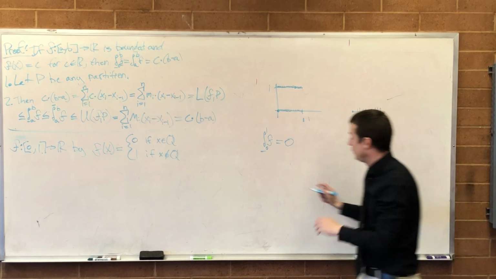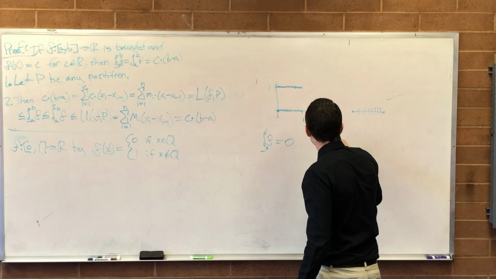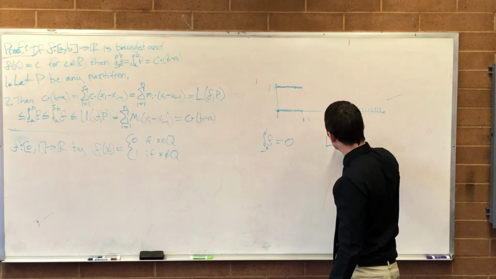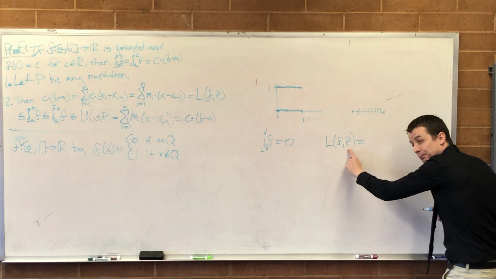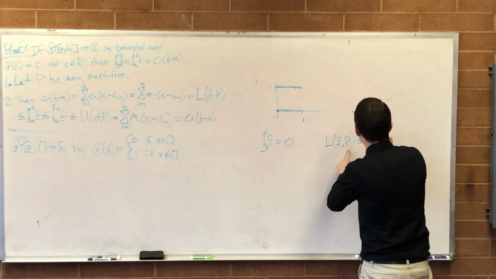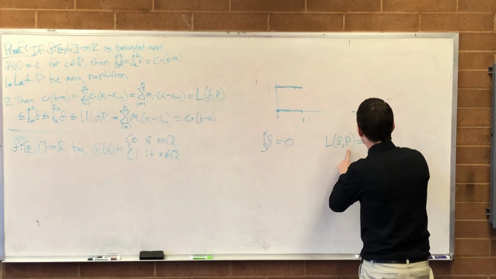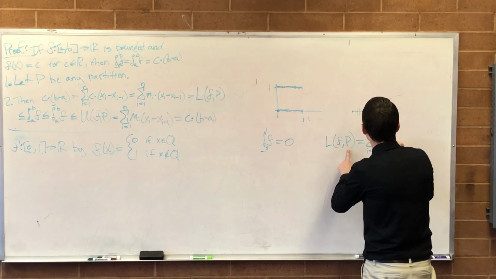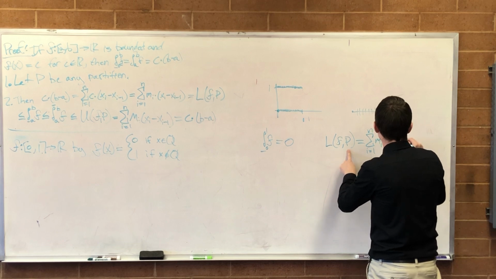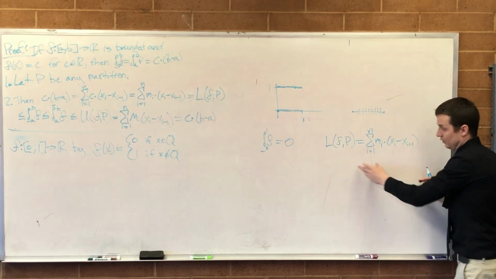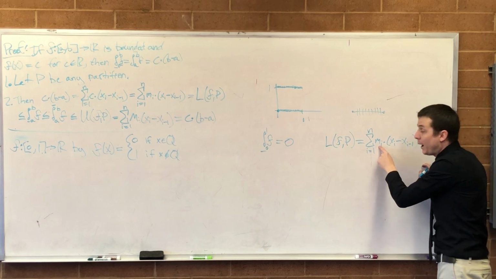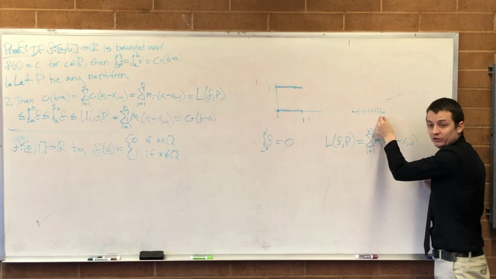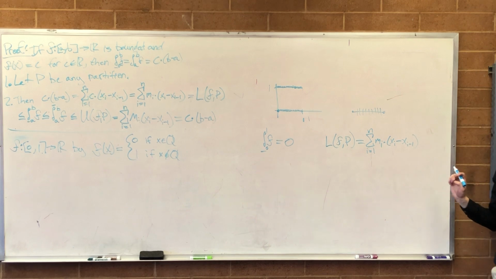What is little m sub i? So our lower Darboux sum of f with some partition P, no matter how perfect you make that partition, is still equal to the sum from i equals 1 to n of little m sub i times x sub i minus x sub i minus 1. Any lower Darboux sum you pick is of this form. m sub i, doesn't matter how small you make those partitions, is always going to be 0.